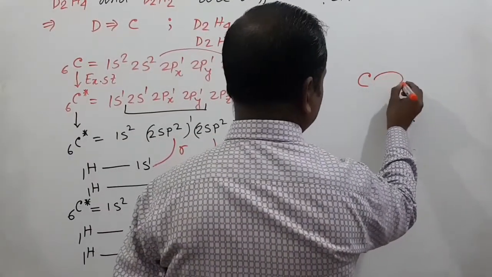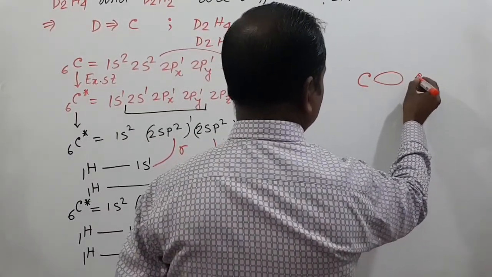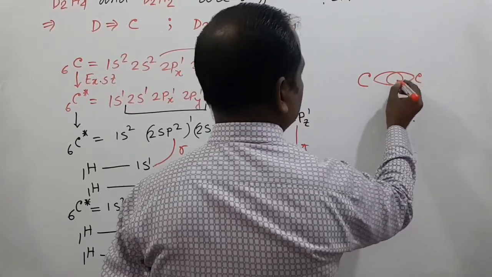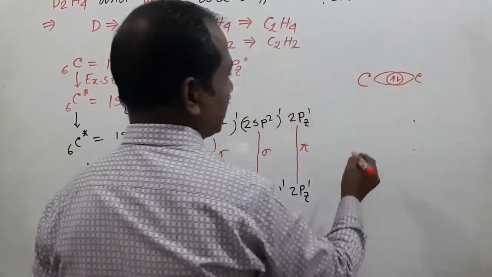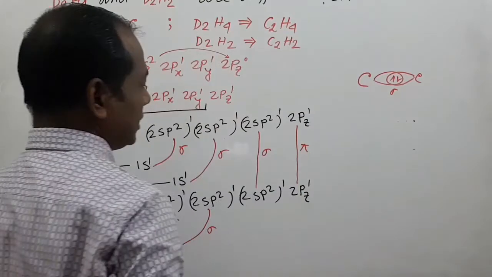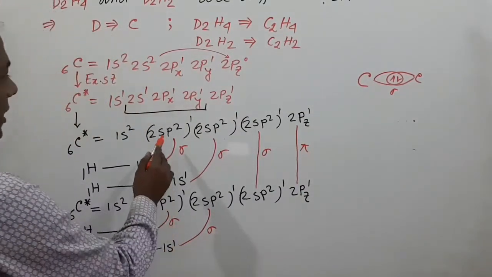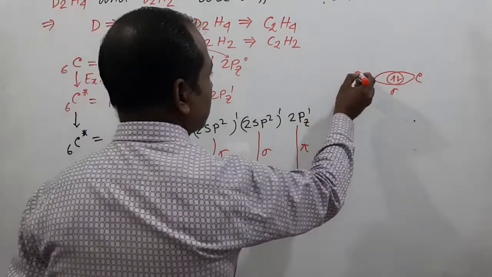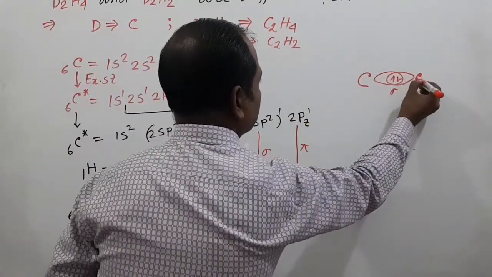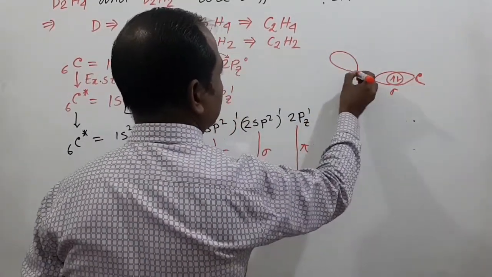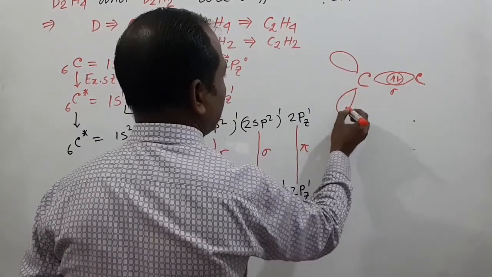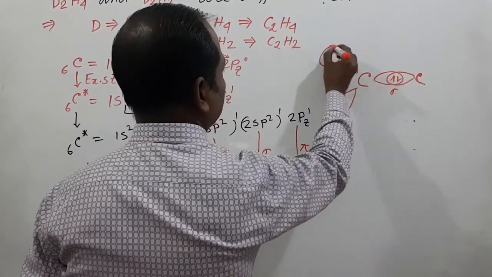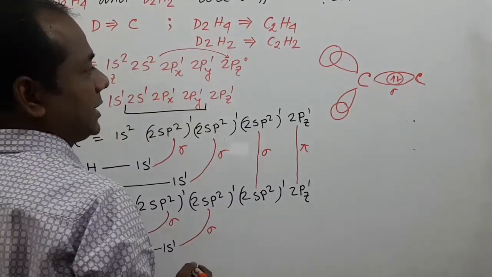This is the sigma bond between carbons, and 2 sp2 hybrid orbitals of this carbon overlap with the 1s1 orbitals of hydrogen.